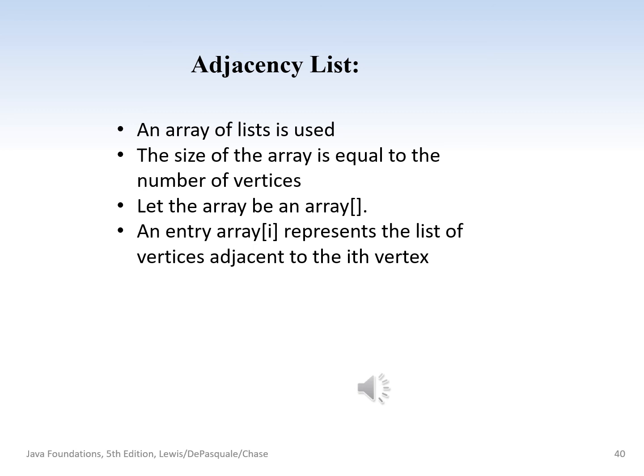And an entry, array sub I, represents the list of vertices adjacent to the vertex I. So for example, if it is array sub 1, all of the vertices adjacent to 1 would be included in the list in index 1. We can also use this representation for a weighted graph. The weights of the edges can be represented as lists of pairs.